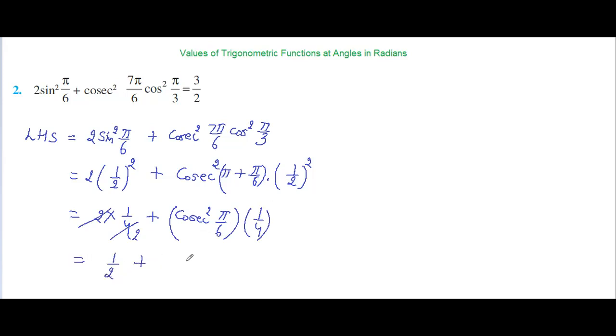Now cosec of pi by 6, cosec 30 degree, it is 2, reciprocal of sine 30 degree. So 2 square multiplied by 1 by 4. 2 square is actually 4, it cancels. So half plus 1 equal to 3 by 2, which is equal to right hand side.